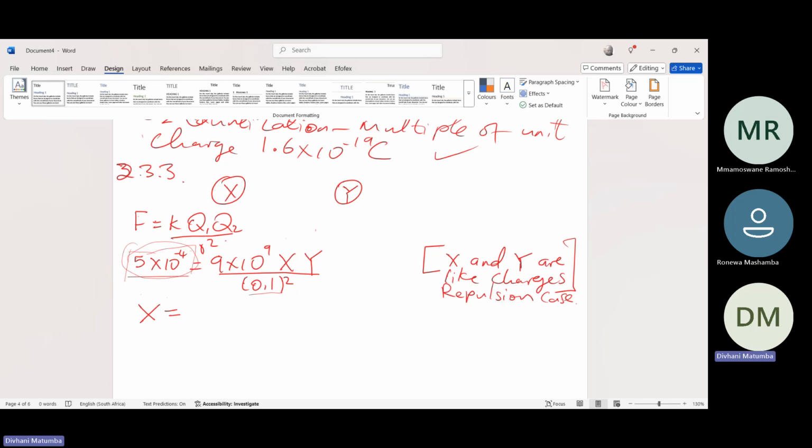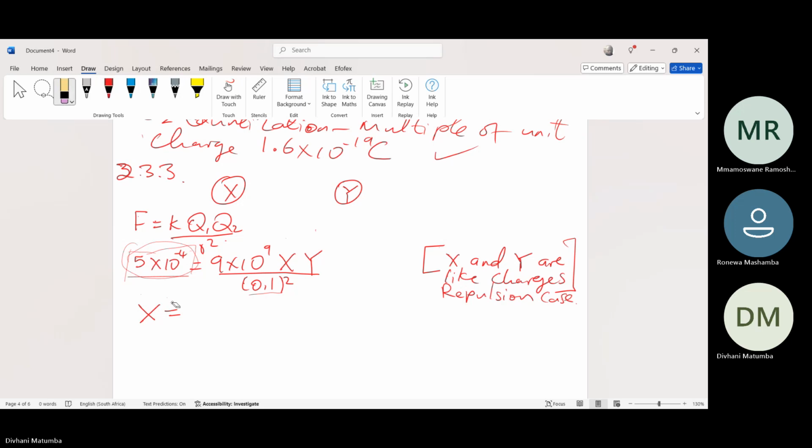Okay, after solving the repulsion case, I am going to make x the subject of the formula. So after solving, I got 5 times 10 to the power of minus 4 is equal to 9 times 10 to the power of 11 x y.